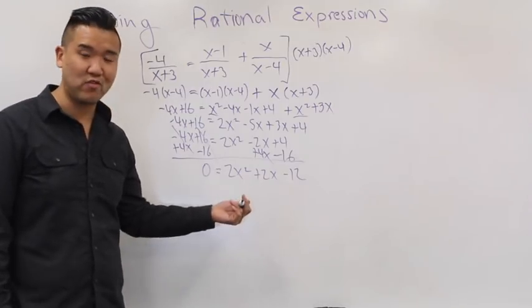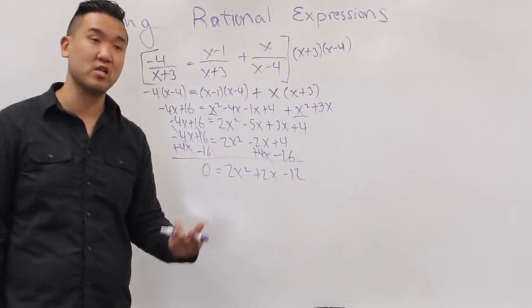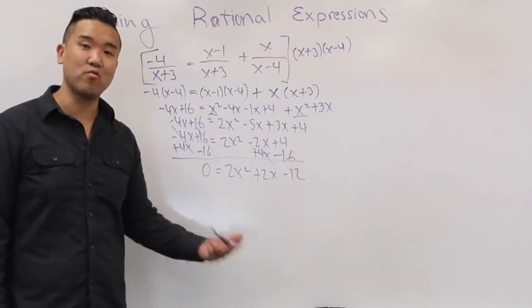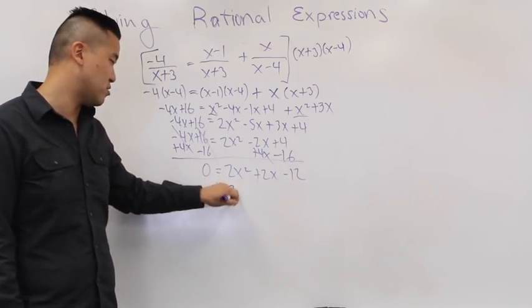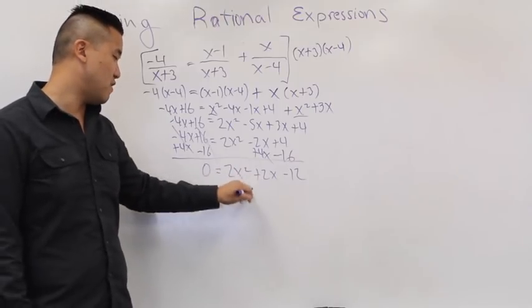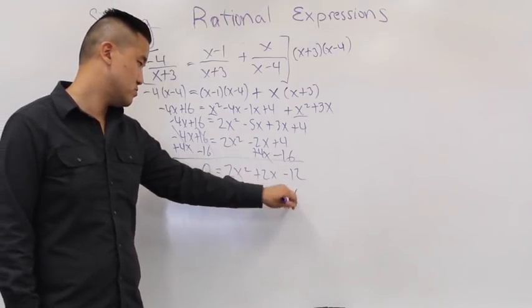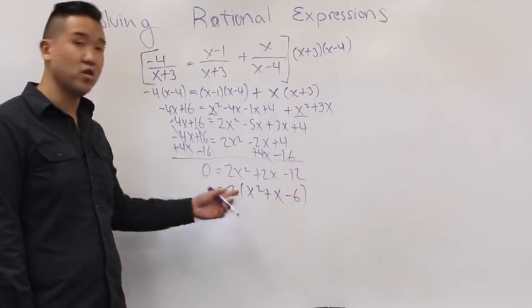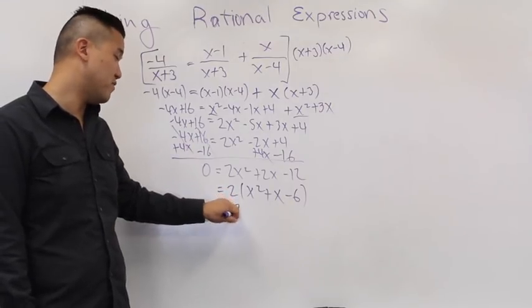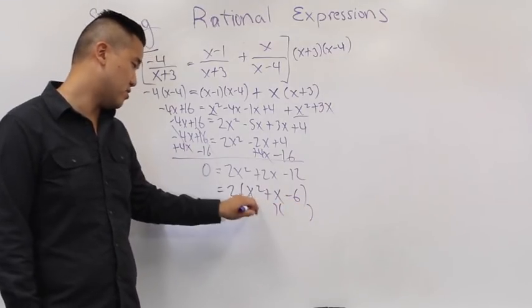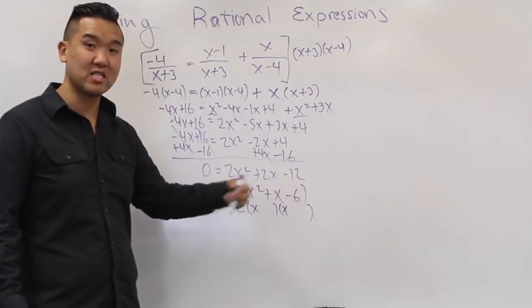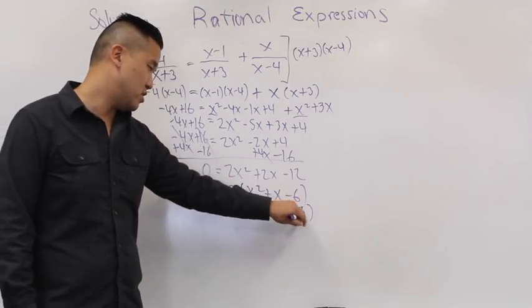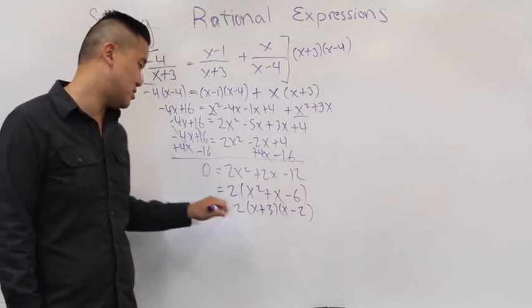You could factor it if it's factorable, quadratic formula, complete the square, lots of different ways. So here I'm going to just try to factor this. I take out the GCF, which is 2. So I divide everything by that, and I try to factor this, in which factors of 6 that add up to 1: 3 and 2, plus and minus.